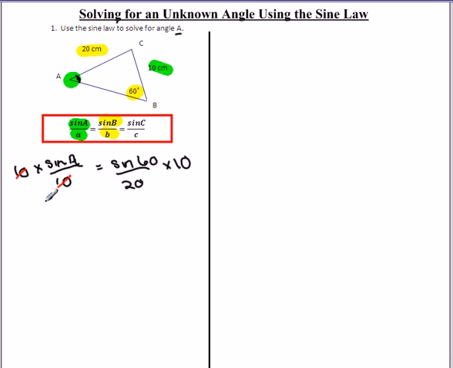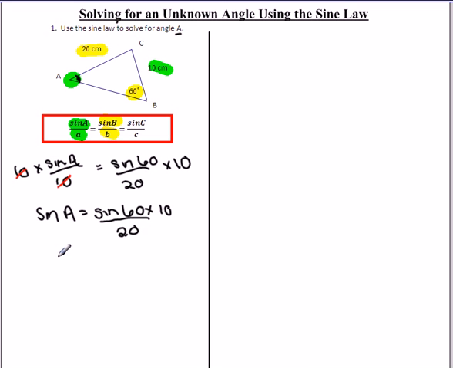Next, let's rewrite what we have now. We have sine A, we still don't know our A, equals the sine of 60 multiplied by 10 divided that whole thing by 20.